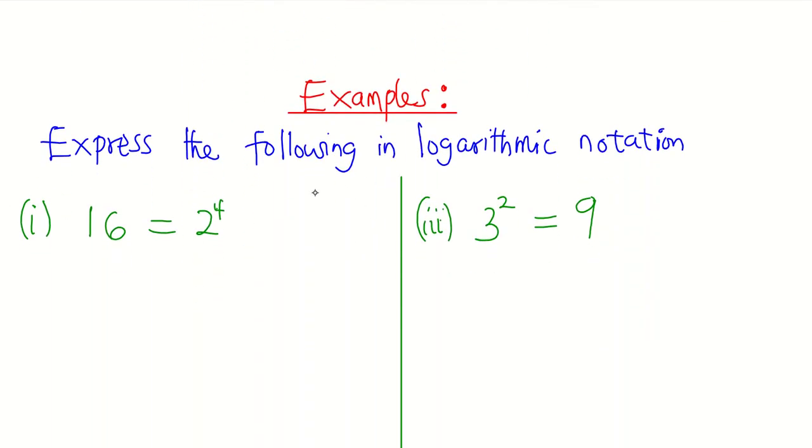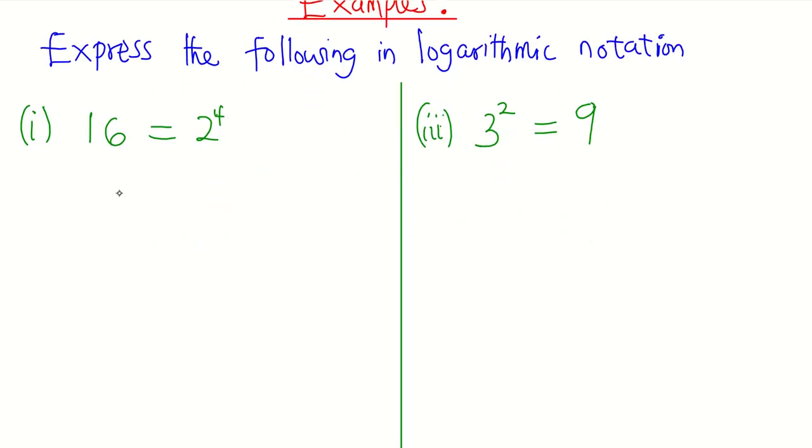These are the examples, and it says to express the following in logarithm notation. These are exponential forms. Like we said earlier, you have 16 equal to 2 exponent 4. To change this to logarithm form, you apply logarithm to the 16, and in this exponential form, the only base is 2.